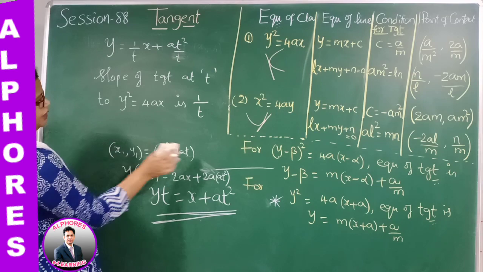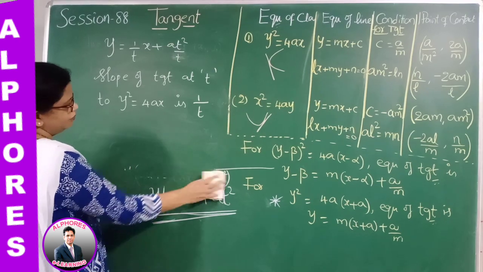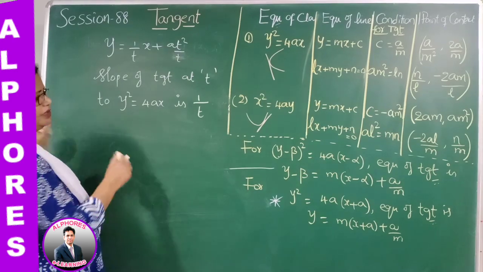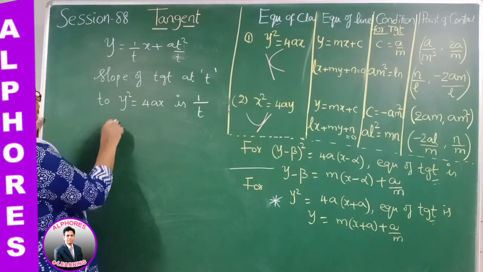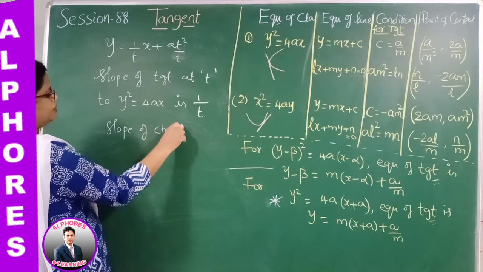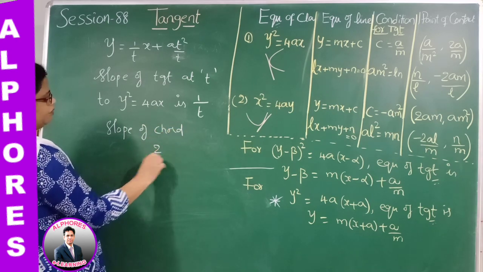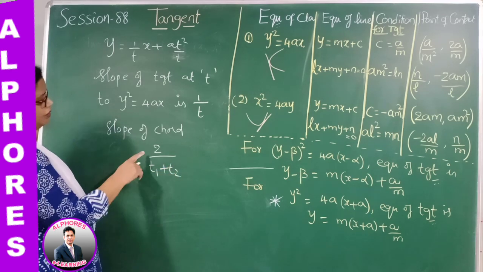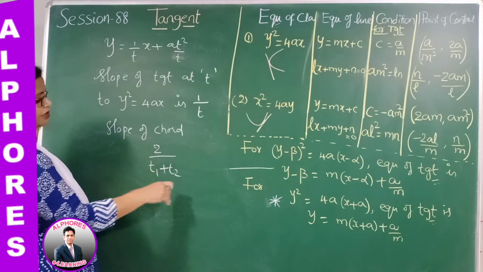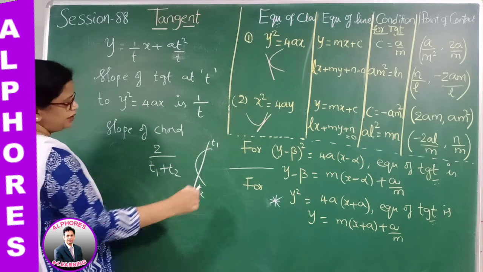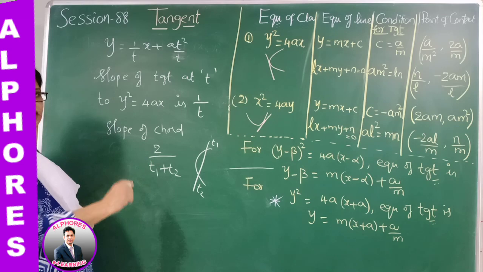Okay, now actually you can observe this even from our chord slope also. What is the chord slope we have derived earlier? The slope of the chord joining 2 points is 2 by t1 plus t2. Understood? From the slope of the chord, this is our t1 parameter, t2 parameter, you got this kind of value.